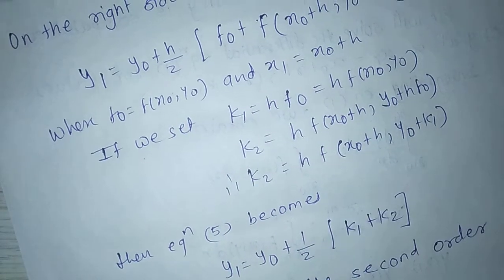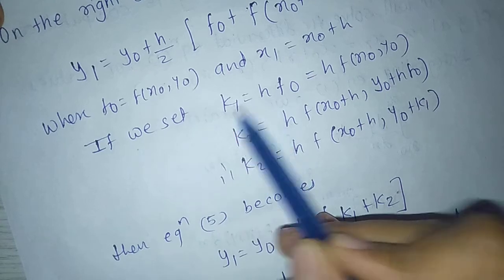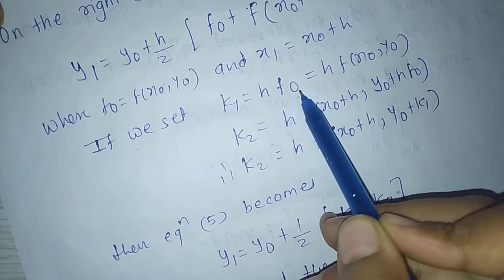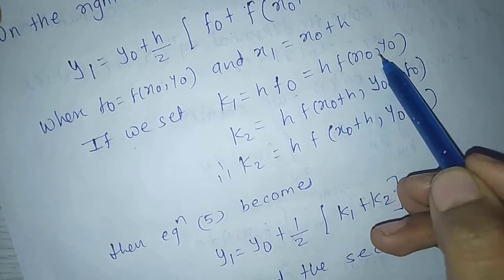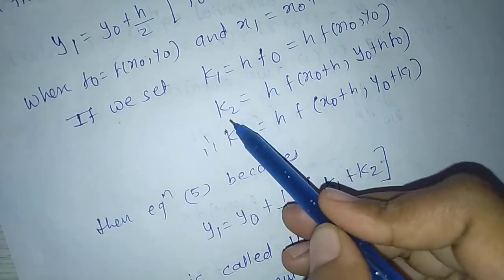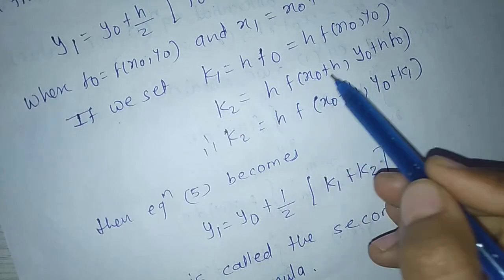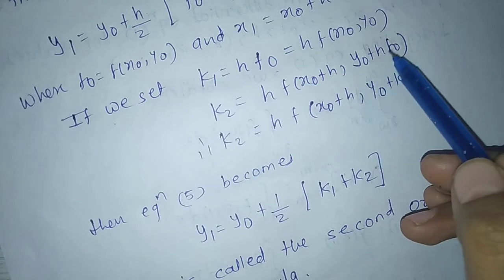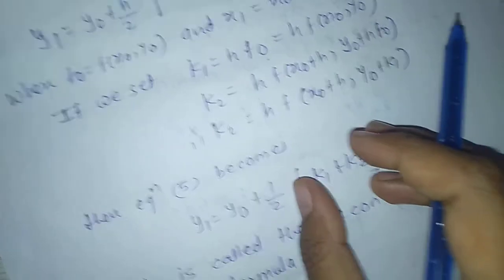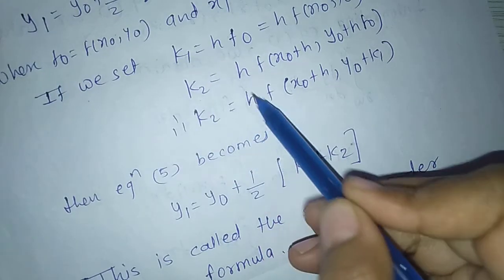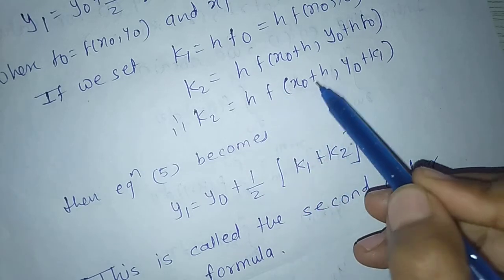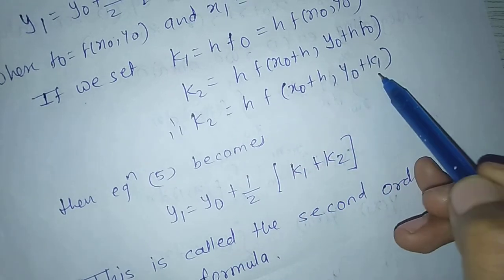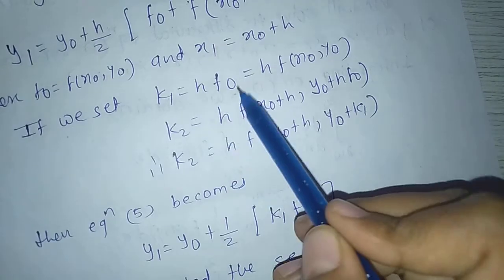If we set k1 equal to h into f naught, equal to h f of x naught, y naught, and k2 equal to h f of x naught plus h, y naught plus h f naught. Therefore, k2 equal to h f of x naught plus h, y naught plus k1, because k1 is h f naught.